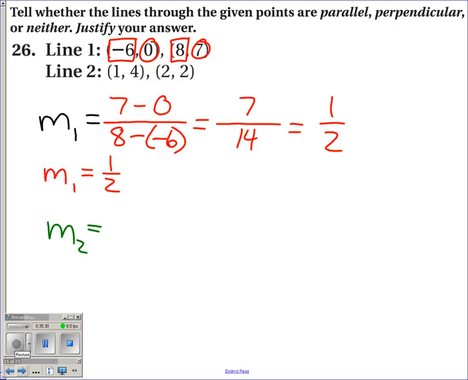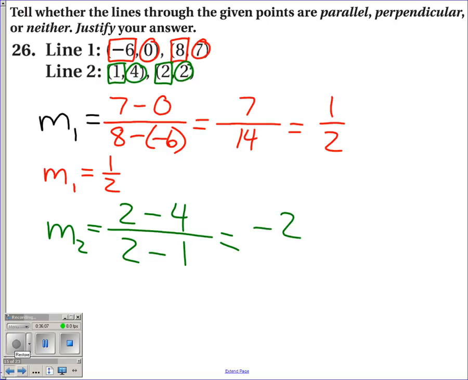Again, if it's going to be parallel, we're expecting another 1/2. If it's going to be perpendicular, we're expecting negative 2 over 1, the opposite reciprocal of 1/2. Let's see what we get. Let's see, y2, that's a 2, minus y1, that's 4, divided by x2, which is 2 again, minus x1, which is 1. 2 minus 4 in the numerator, that's a negative 2.